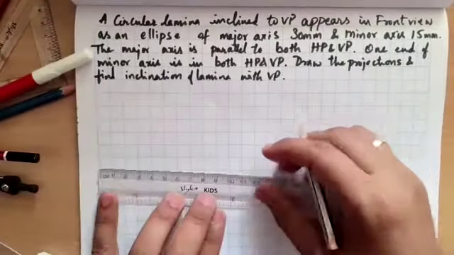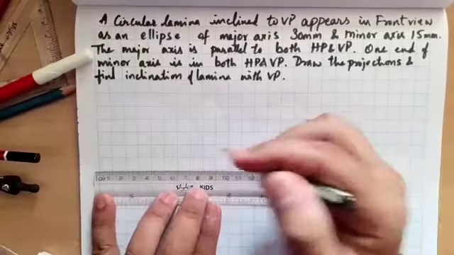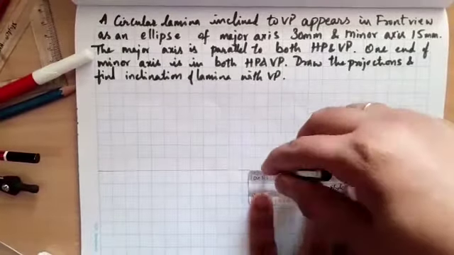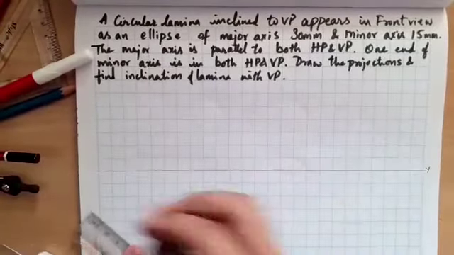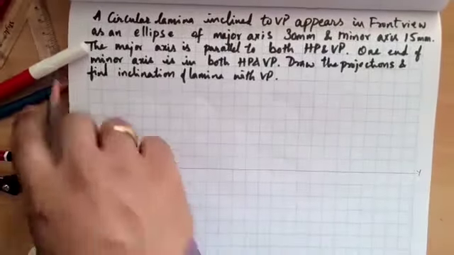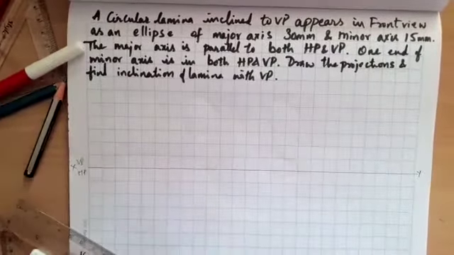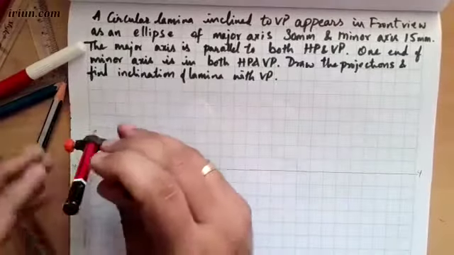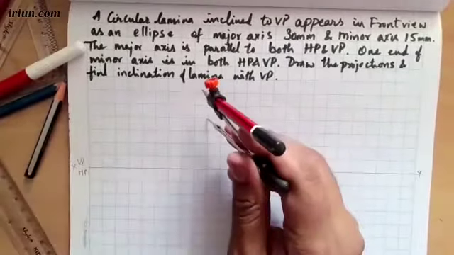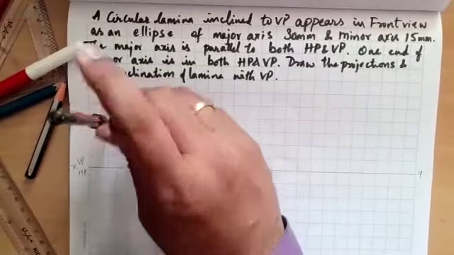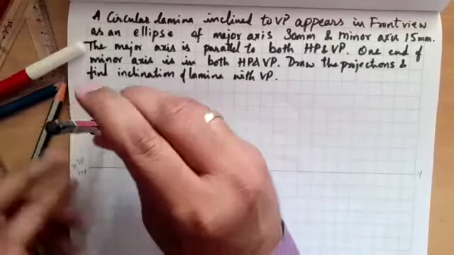First step is to draw an XY line, VP, HP, and draw a circle of diameter 30 mm. Major axis is 30 mm, so radius will be 15 mm and you are supposed to draw a circle.